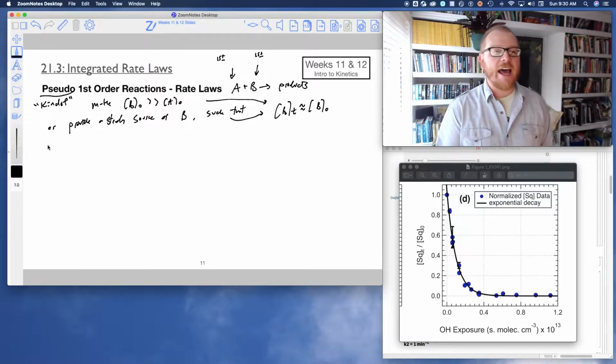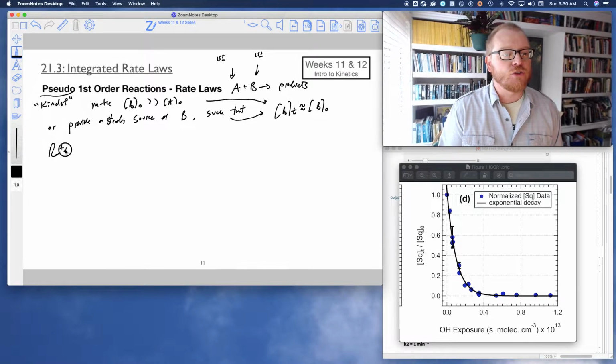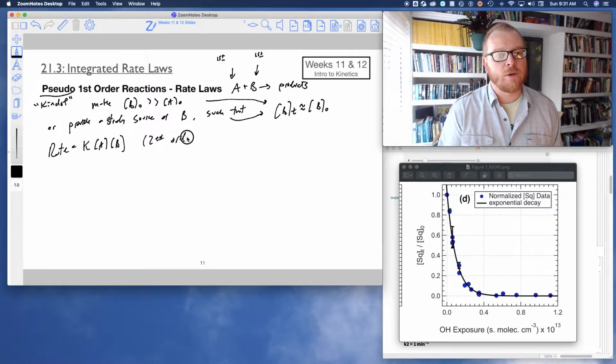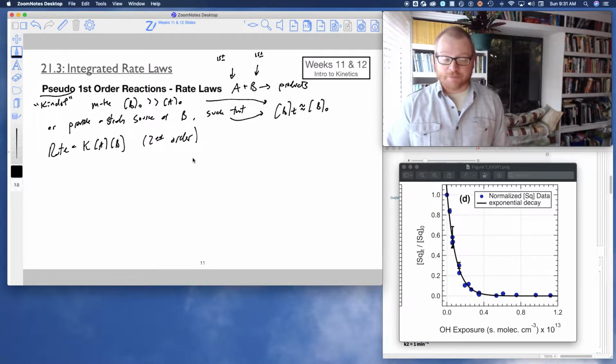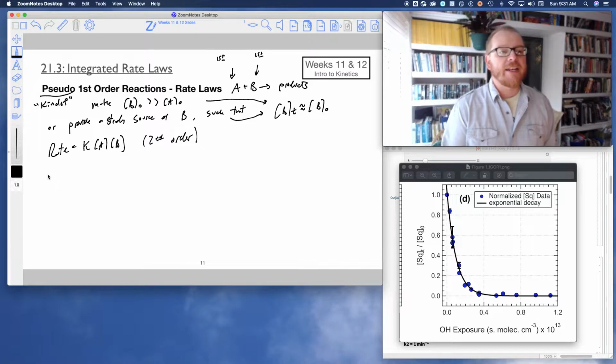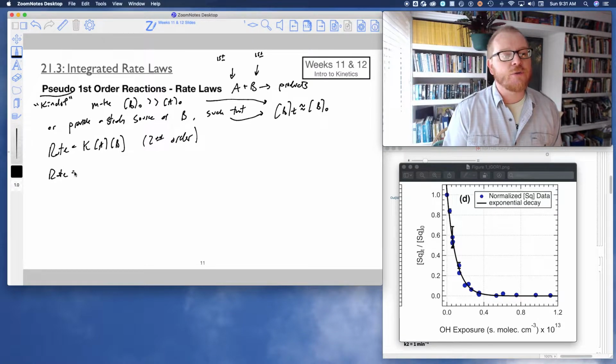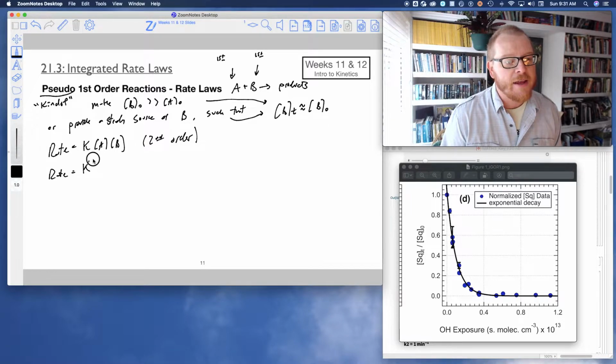And so now what we get out of this thing, so our true second order rate would be k times A times B. So this would be our true second order reaction. Okay? But now, under pseudo first order conditions, this rate is going to be k prime times A.